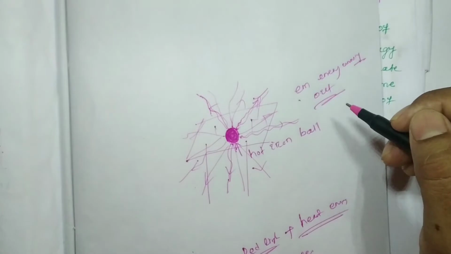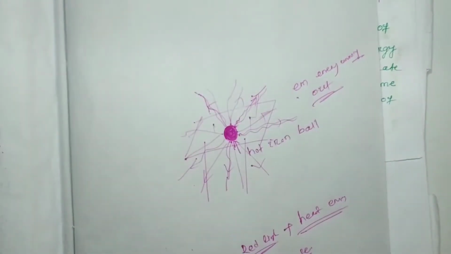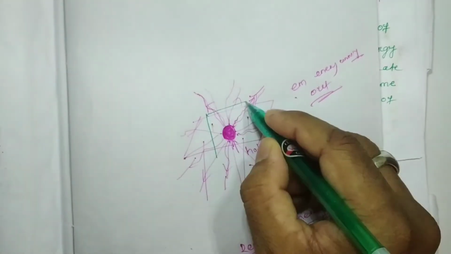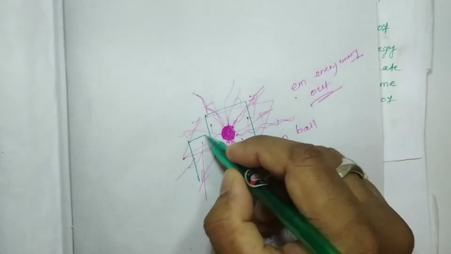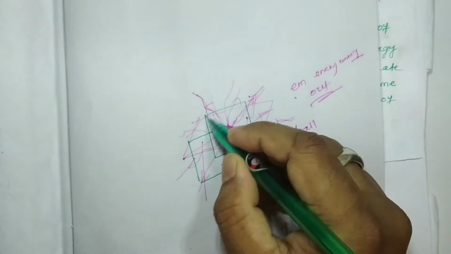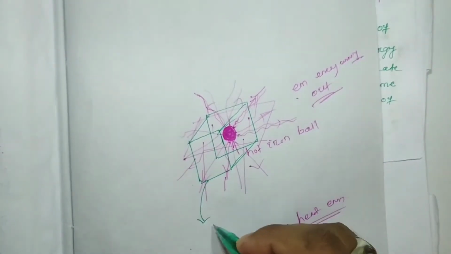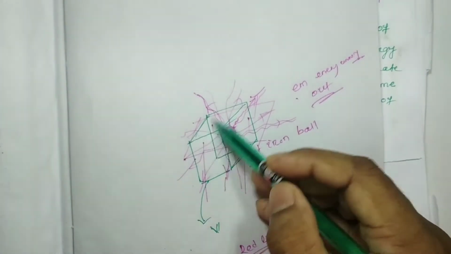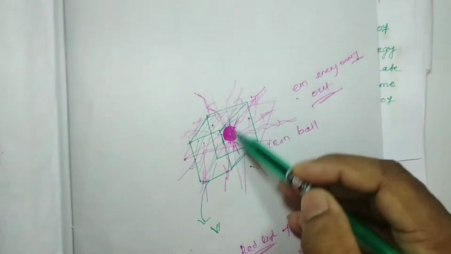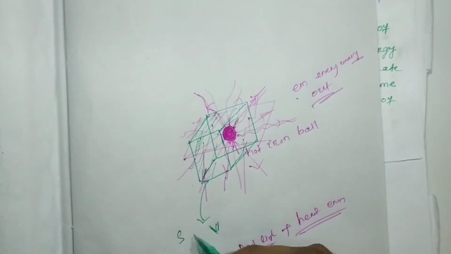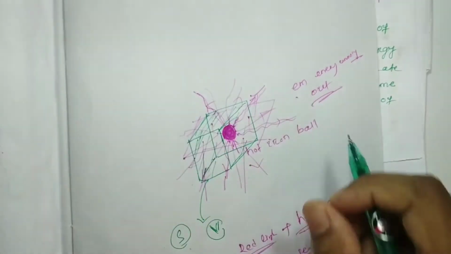Now we have to consider a volume. Suppose this is a volume which encloses this iron ball. This is the volume V, and its total surface area is S, and it encloses this ball.